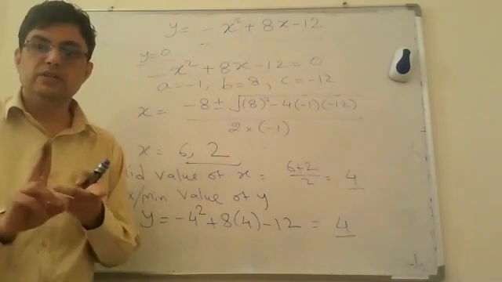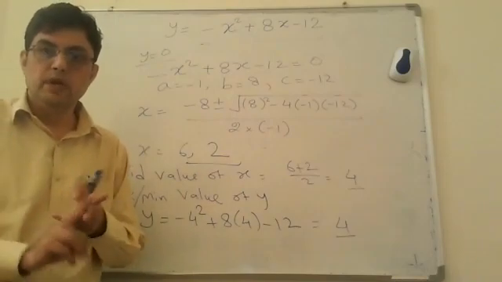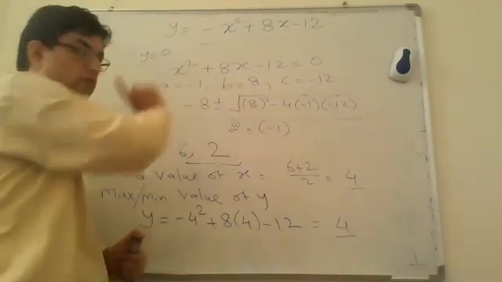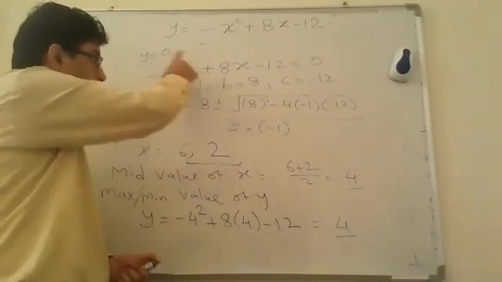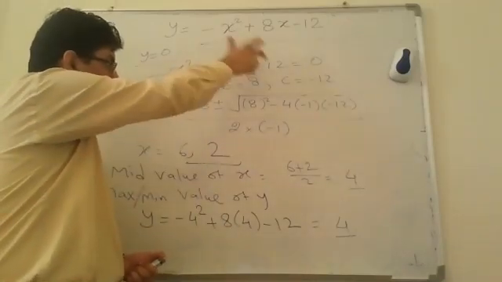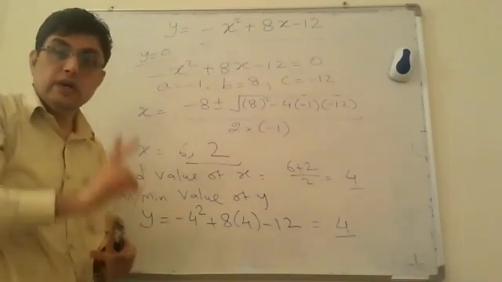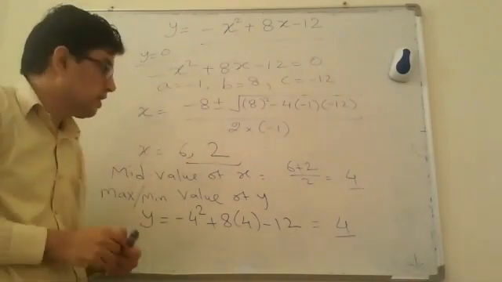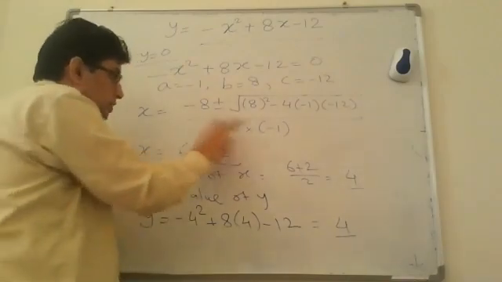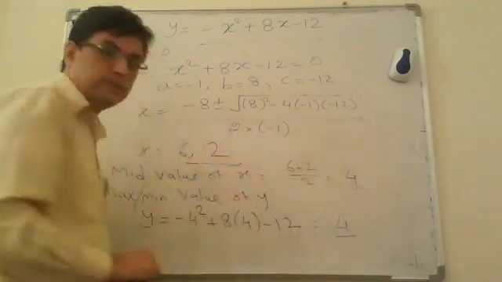Let's check the steps. First, put y is equal to 0. Then you make this equation and solve the equation. You will get two values of x. The second part, find the middle value of these two values. So the middle value is 4.